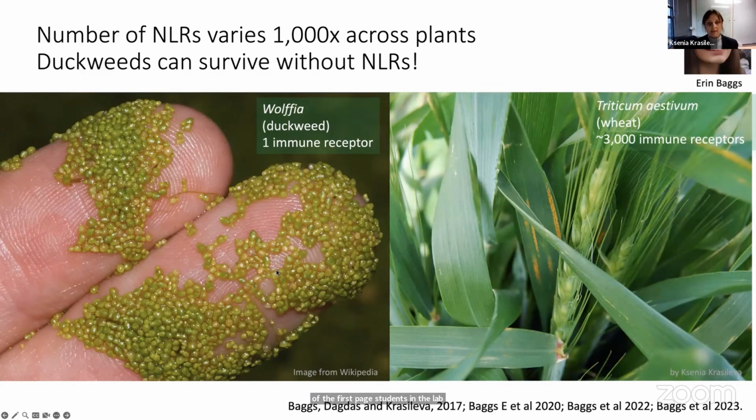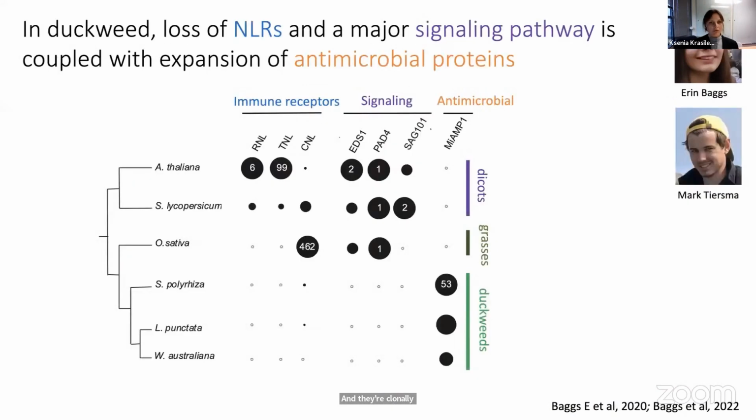And what Aaron asked is, well, we think of NLRs as really the most important genes that can save the plants, but are there any plants that survive without them? And she found that duckweeds, flowering plants that went back to water, they actually lost most of the NLRs. And they're clonally propagating, they're floating in the soup of bacteria, so what do they do?